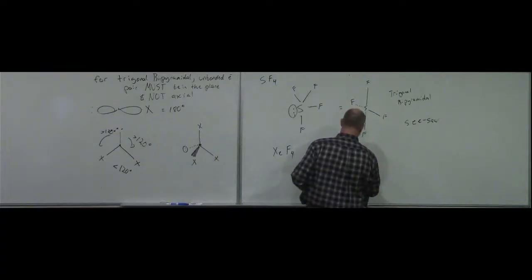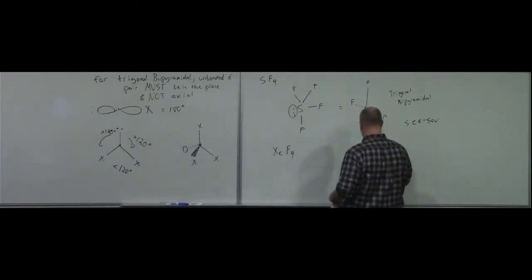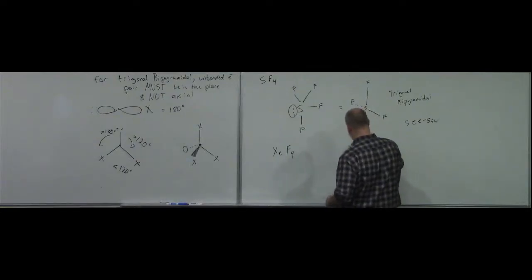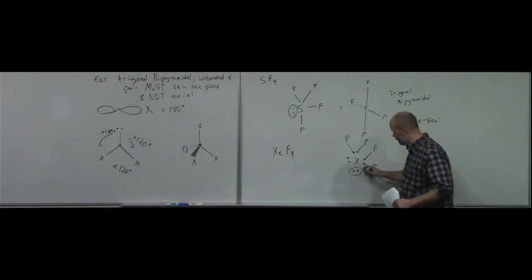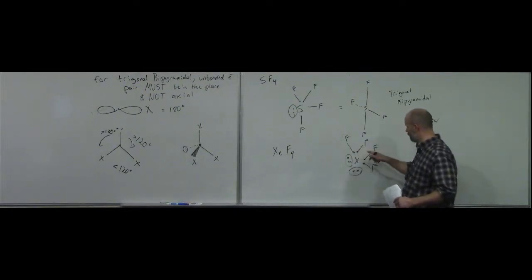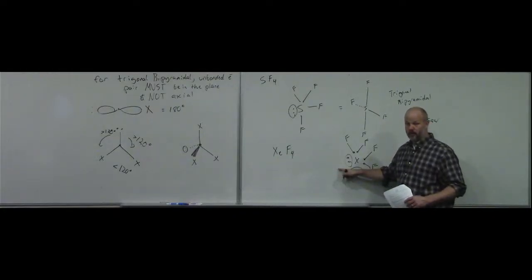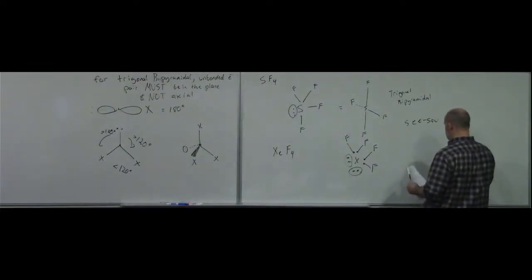It has 8. Okay, so this is my deal. I've got 1, 2, 3, 4, 5, 6 regions. 6 regions should give me octahedral.